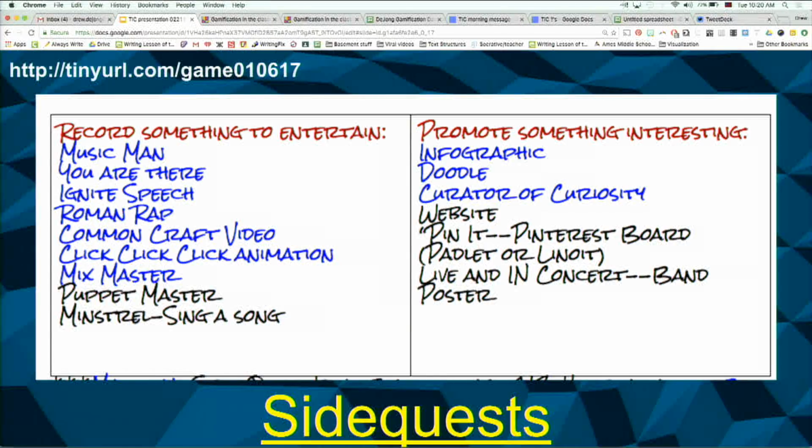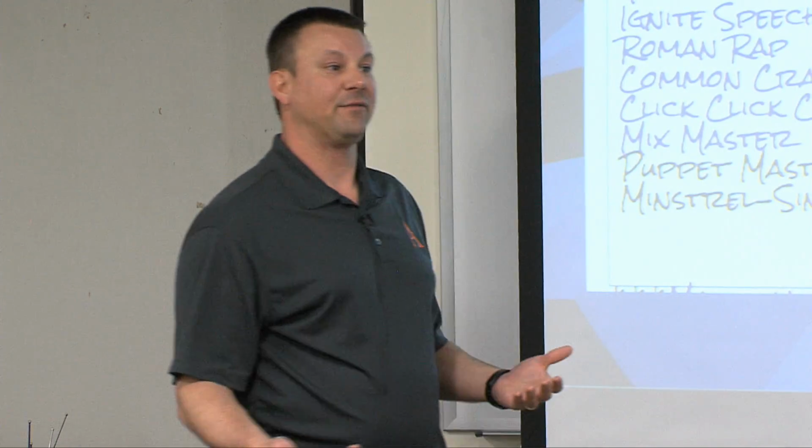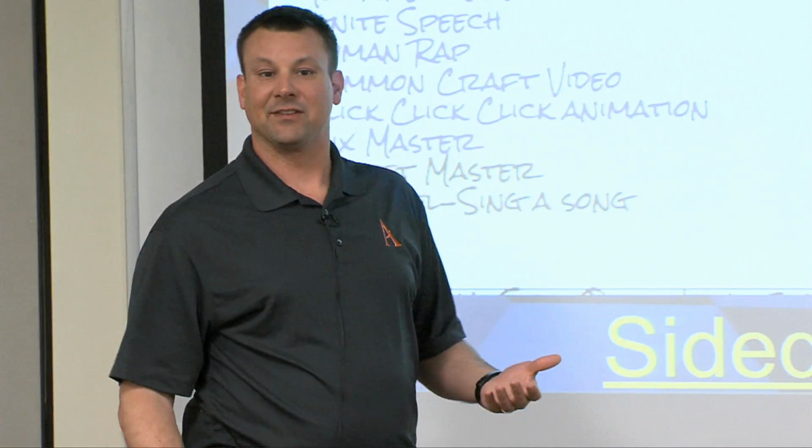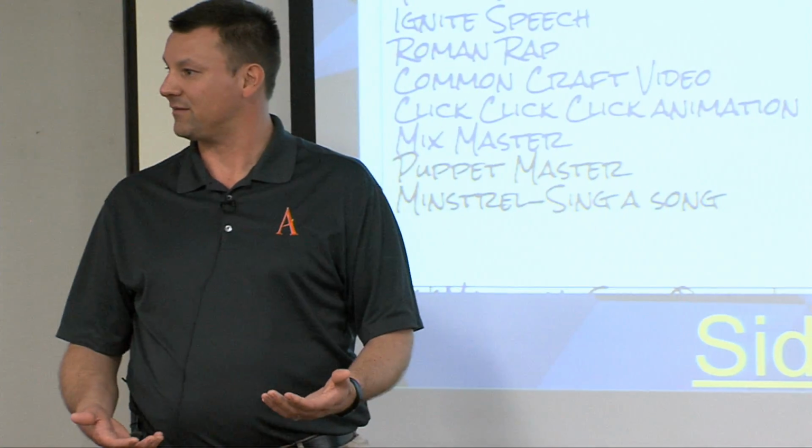You'd want to give maybe a half dozen or so different choices of side quest items for a given unit of study. But they need to be very open-ended, and they need to be worth XP that's valuable enough to the students that they're going to do them. If you saw our leaderboard, a lot of the kids were somewhere in the 4,000 range. So you might have a side quest worth 1,000 points if they do a great job on it.